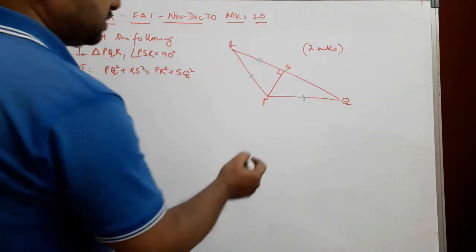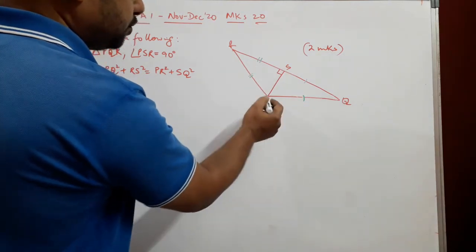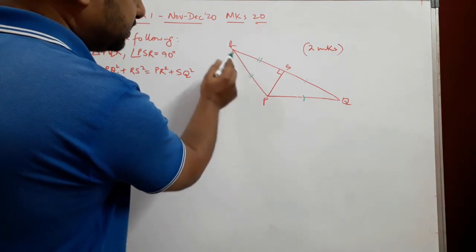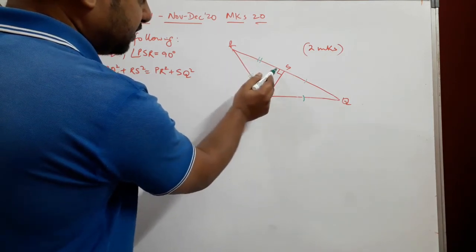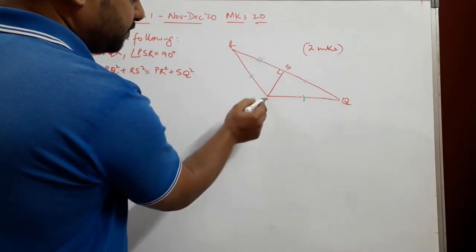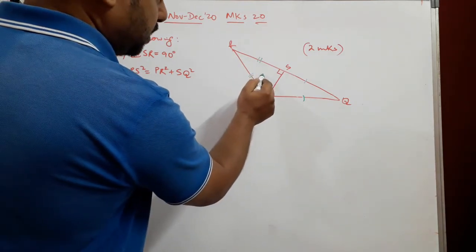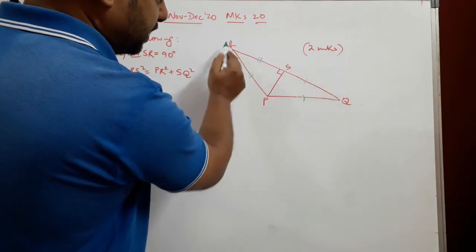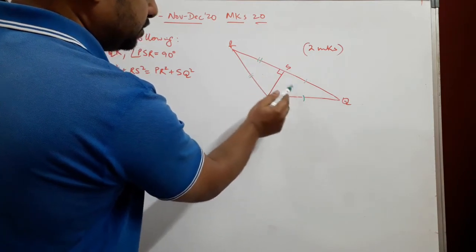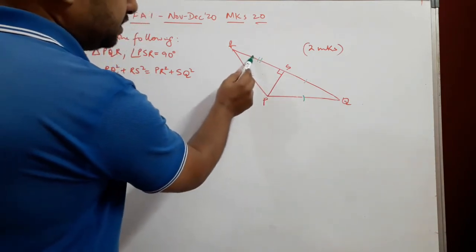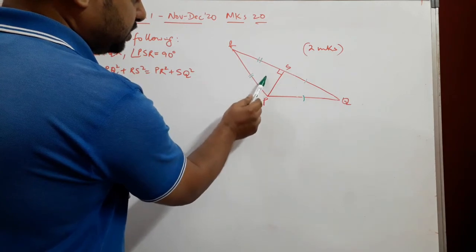It is just marked that way to show that this side and this side belong to one triangle here. There are 3 triangles that I can see. This one, 1, 2, and the big triangle that includes both these triangles. And these 2 sides belong to this triangle.